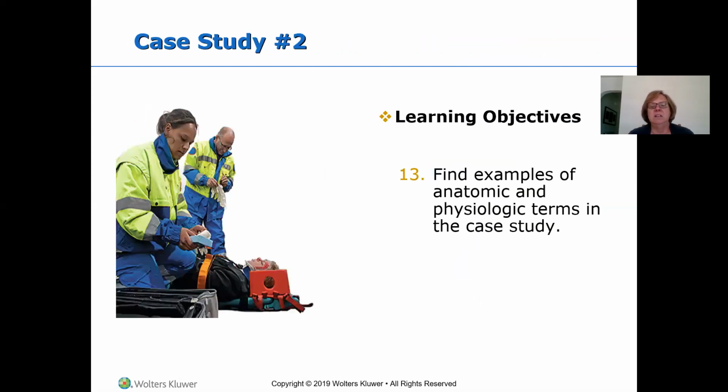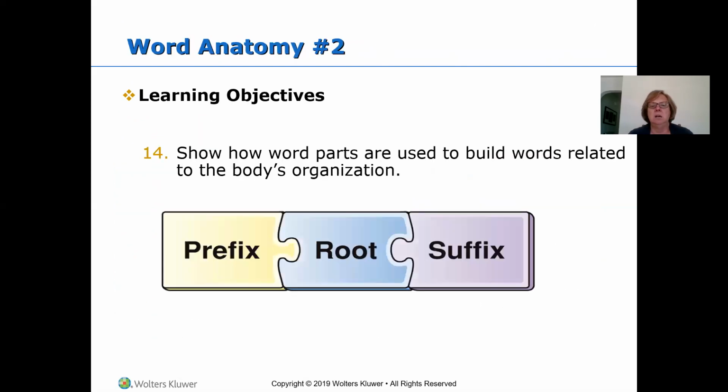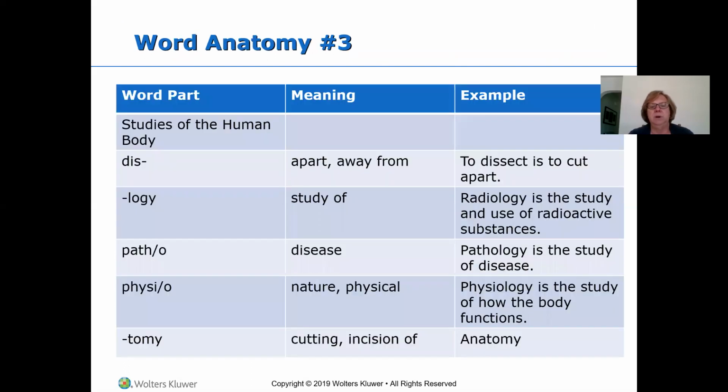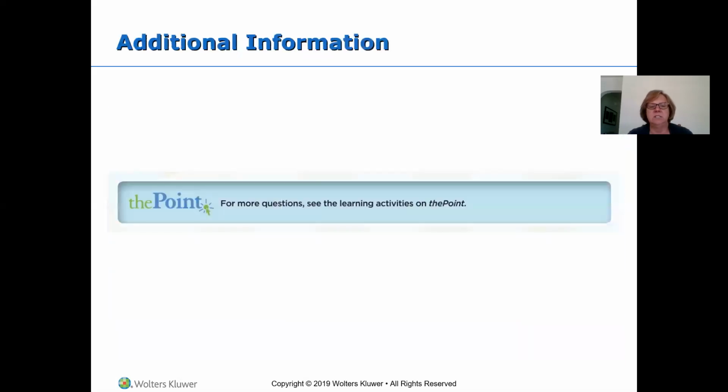Okay. Now, in terms of some of these case studies, I'm not going to ask any of those, but that concludes this chapter, and I would suggest that you do the chapter objective quiz, which is graded, and then also there is a study guide under a module that you can complete as well in preparation for the first exam.